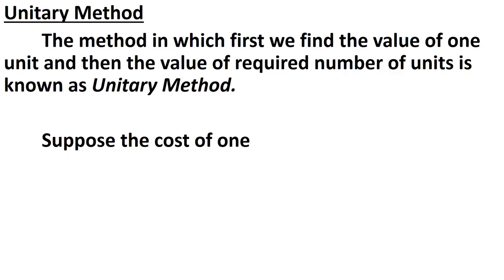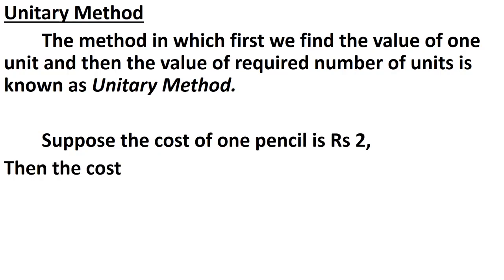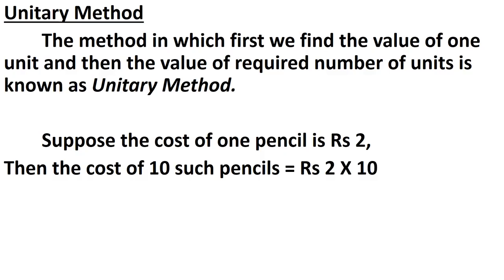Suppose the cost of 1 pencil is rupees 2. Then what is the cost of 10 pencils? Definitely we will multiply. That is rupees 20. This you know very well.